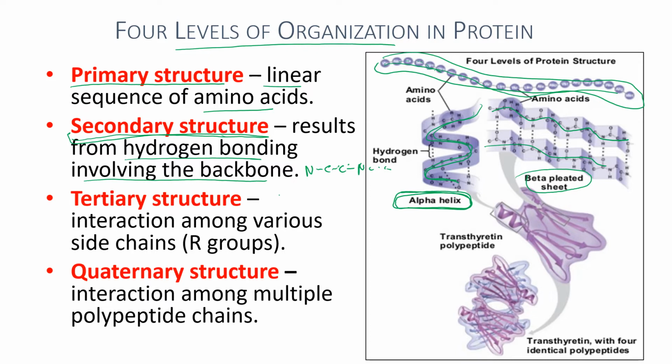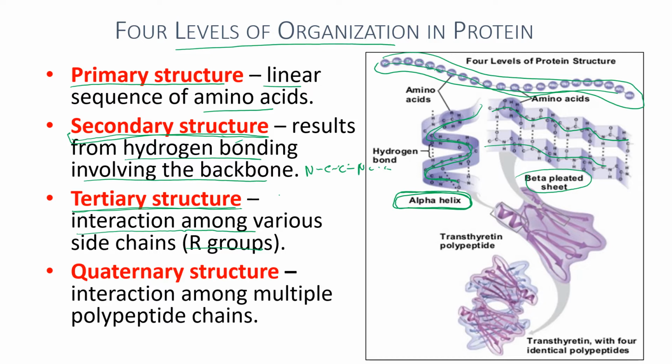Okay, so from the secondary structure, it can fold to become a tertiary structure. This tertiary structure is the result of the interaction between side chains of amino acids along the polypeptide chain. That one we are going to look at in the explanation later.